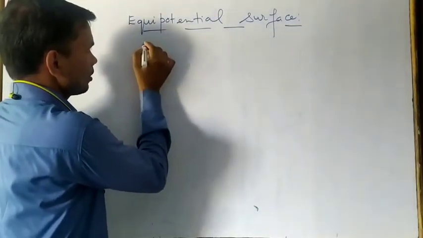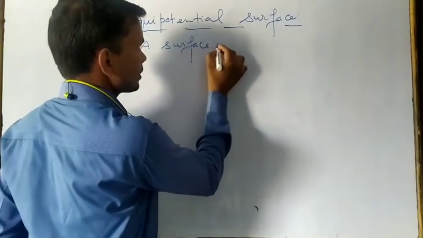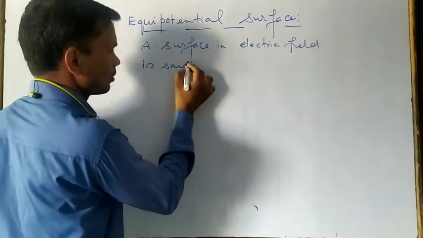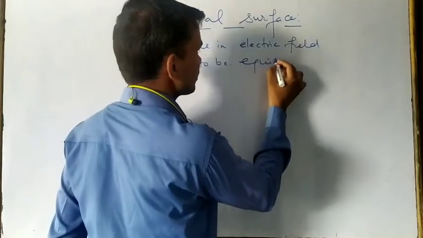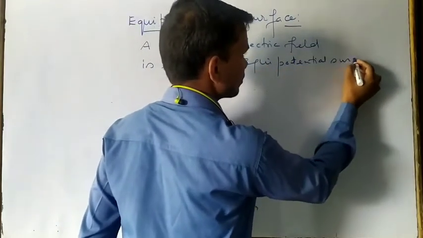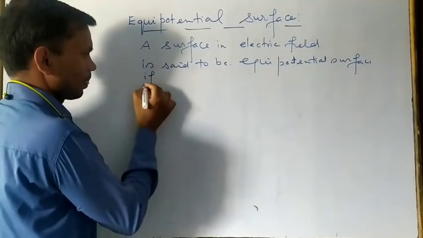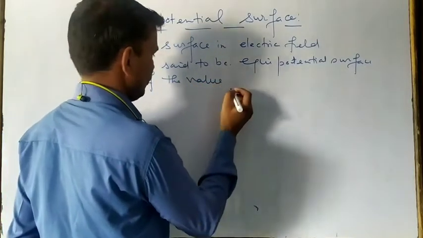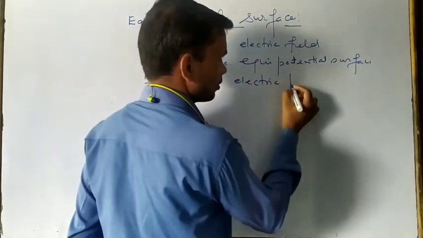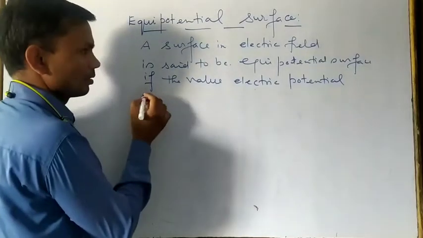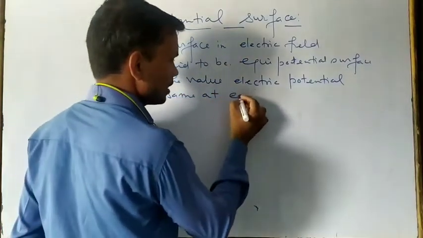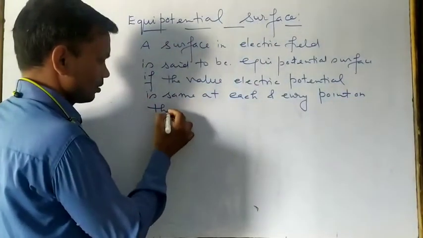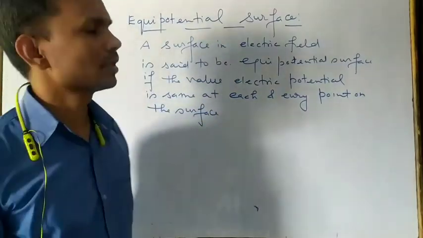Means a surface in electric field is said to be equipotential surface if the value of electric potential is same at each and every point on the surface.